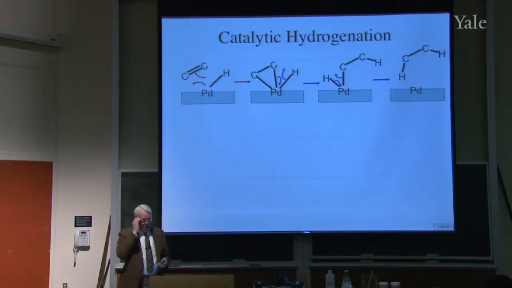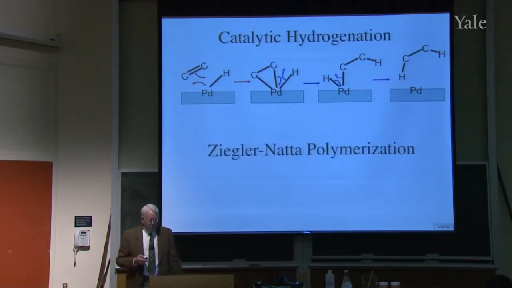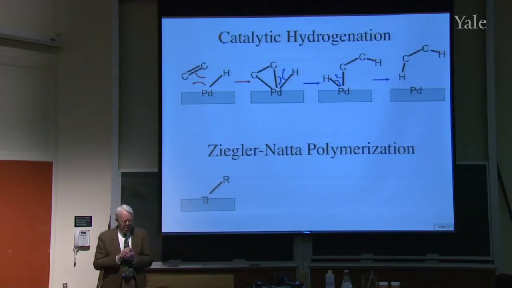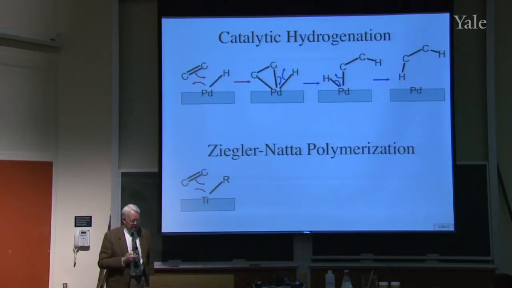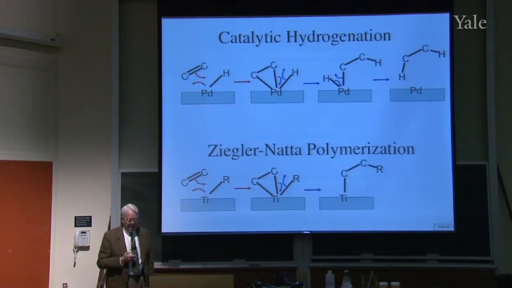Okay, now catalytic hydrogenation we saw looked like this, but Ziegler-Natta polymerization, this is the other Ziegler, Carl Ziegler, a German, looks very similar. So it has titanium with an R group on it. Okay? An alkene comes in, oxidative addition to give this. Reductive elimination on the other side gives that.